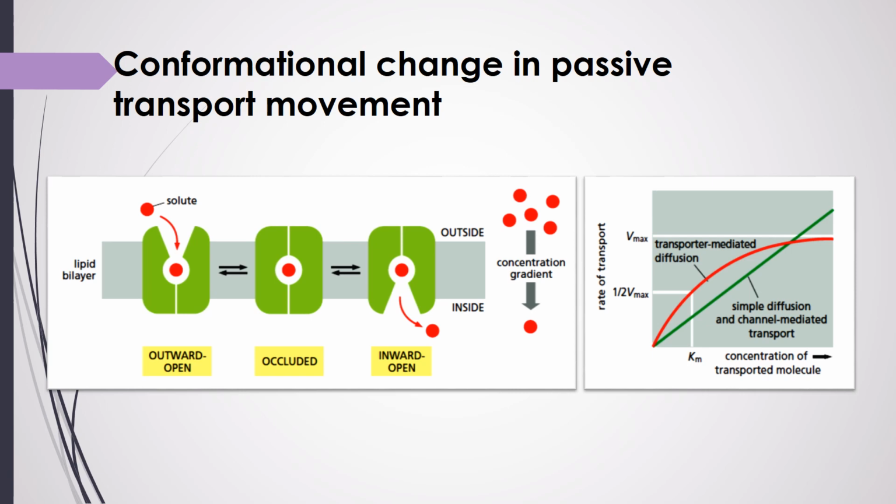Now we move to the transporters and active membrane transport. First we will discuss passive, then active. The process by which a transporter carries a solute molecule across the lipid bilayer resembles an enzyme-substrate reaction, and in many ways transporters behave like enzymes.